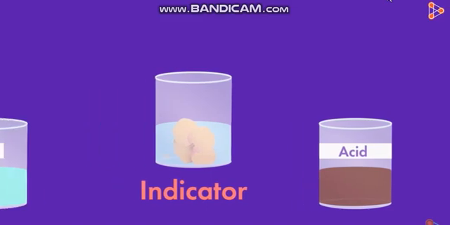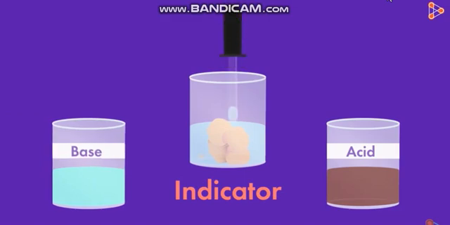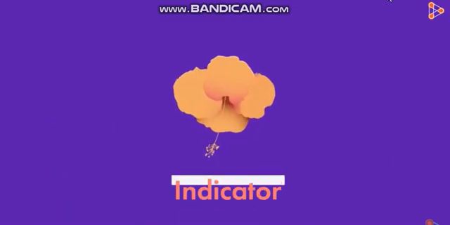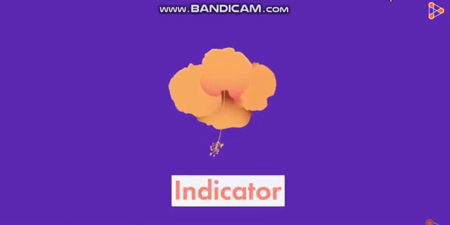However, when it is added to an alkaline or basic solution, the color changes to green or yellowish green, to be precise. The solution changes color in very little time, and that is how we use China rose as an indicator.